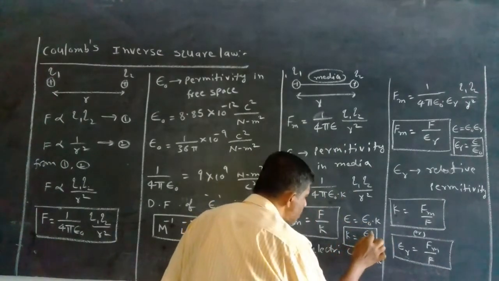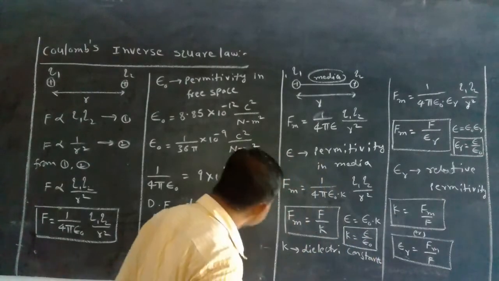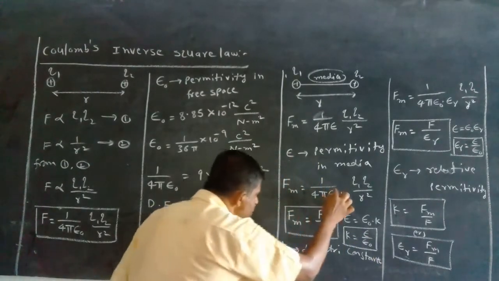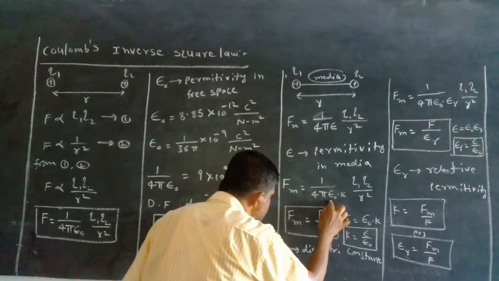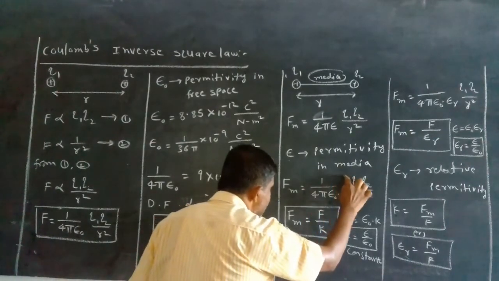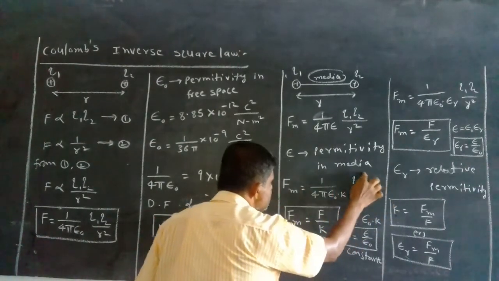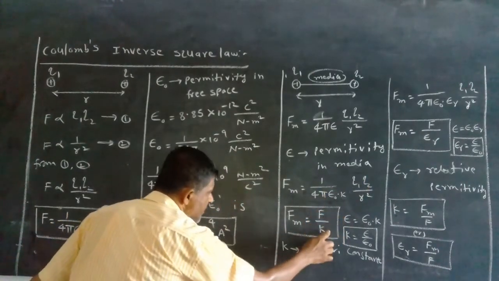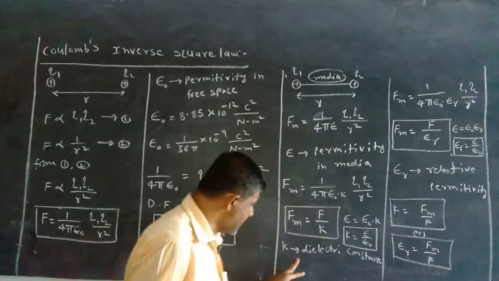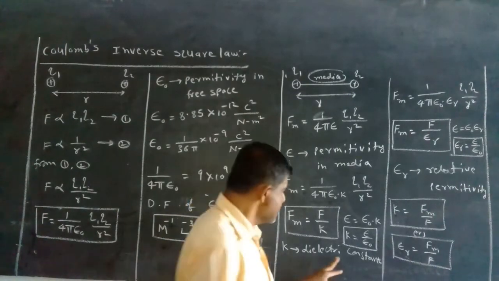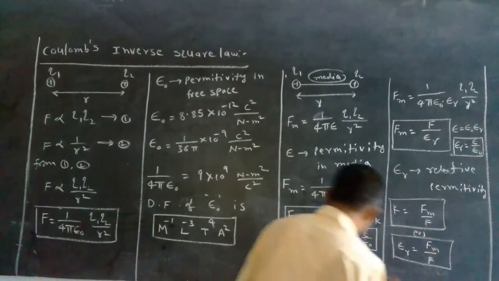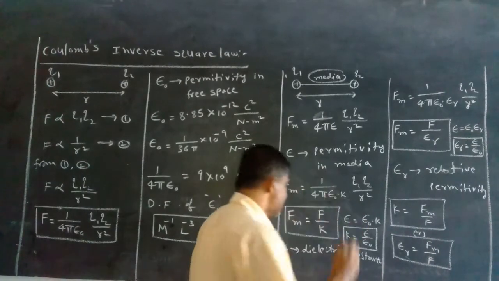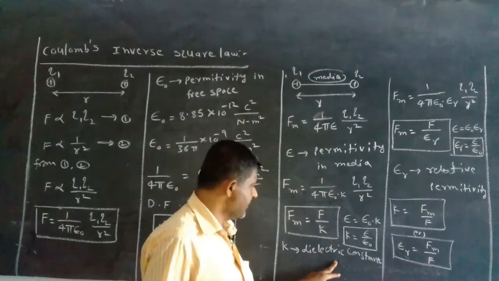So k is equal to epsilon by epsilon naught. This portion is equal to F, so Fm is F by K. Here what is K? K is called the dielectric constant.